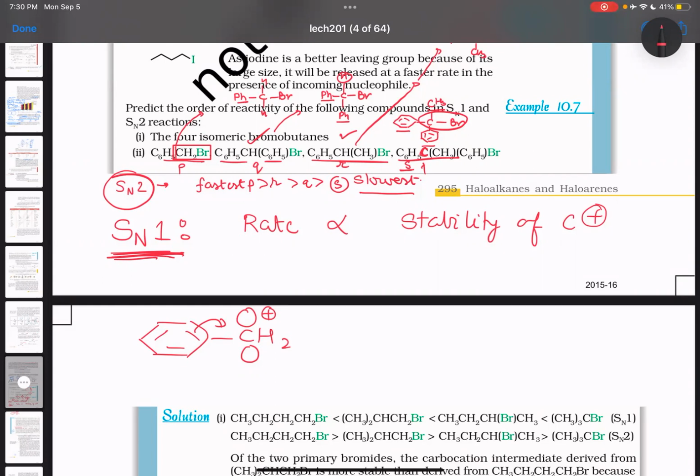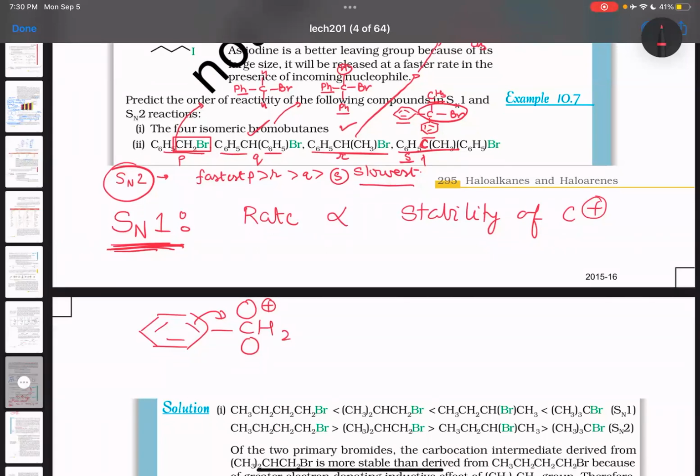That's how the reaction can happen more easily, and more benzene means this cation is becoming more and more stable. So more branching, more bigger groups means SN2 will become less and less. But more bigger groups, more branching means more SN1, right?